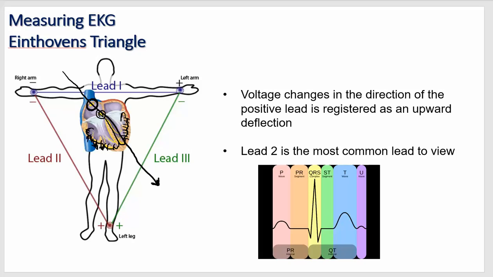Now we get up here where they're firing in other directions, and that's why you have those little downward deflections along with these guys here. It's because it's going around in a circle, but in general the signals are moving toward the positive of lead 2. You can also see lead 3.